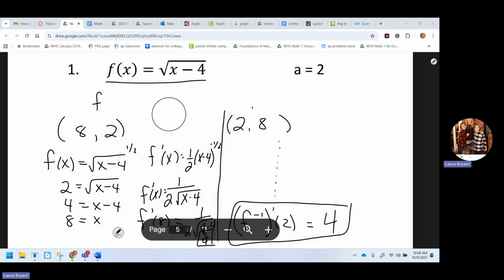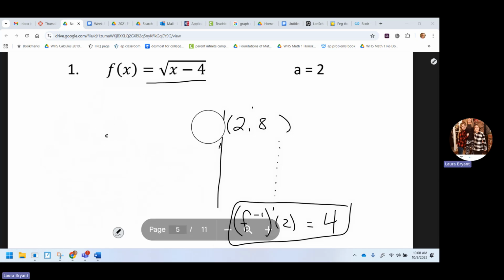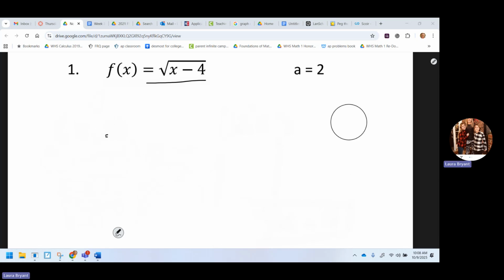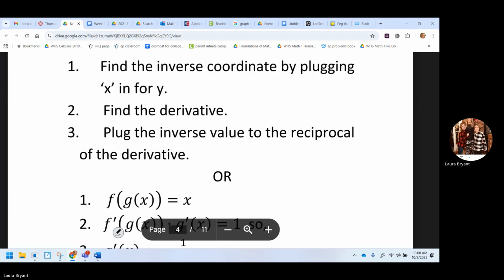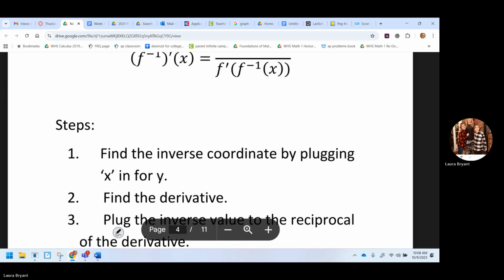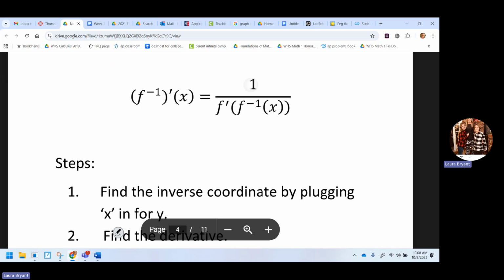Let me go through the steps with you again to summarize what we just did. And don't worry, we'll practice this plenty of times. It's the only formula we're doing today. So that's the same. We're doing 1 over, so that's the flipping part. We had to find the inverse value and plug it into the derivative.